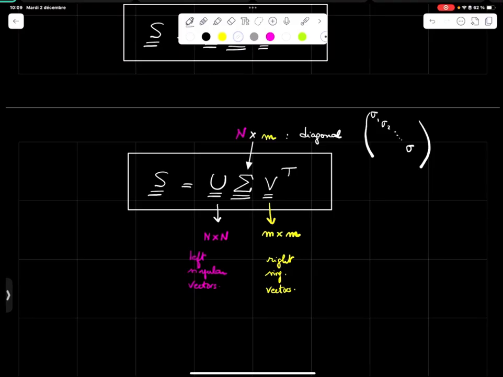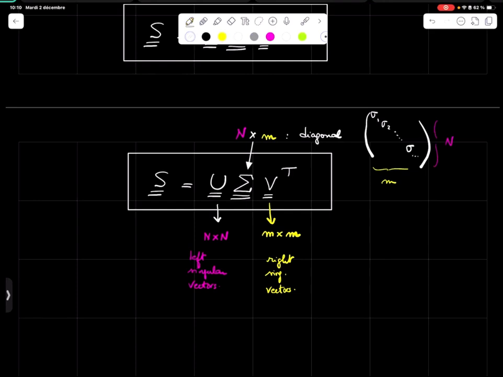At least that would make sense to me. You have n rows and m columns.